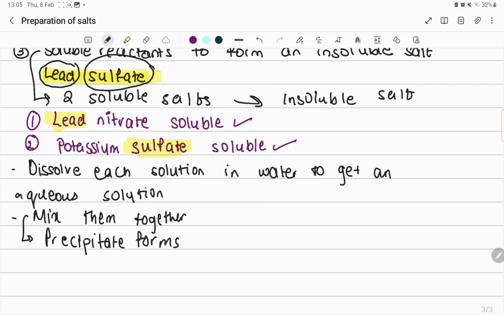You wanted to make an insoluble salt and you got it. You get the precipitate in solid form, and then you will filter it out. And when you filter it out, you will wash it with distilled water to get rid of impurities, and you will dry it between filter papers or in an oven.